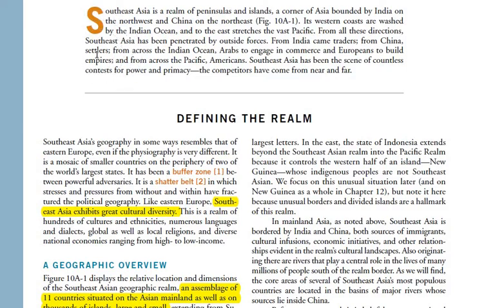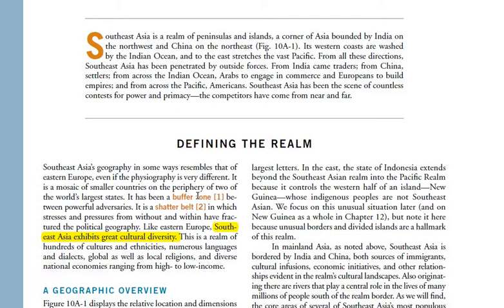A lot of Chinese people are settled in the Southeast Asian realm. Then from across the Indian Ocean, the Arab people came for business, and the Europeans came here for colonization, and the Americans also came here. So all in all, people came from all over the world to this particular realm.